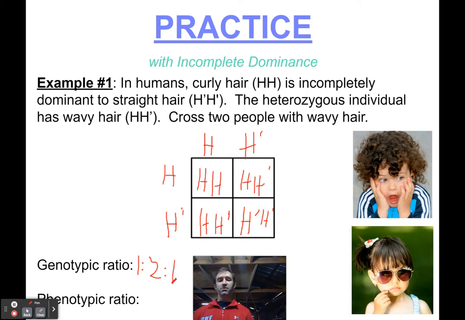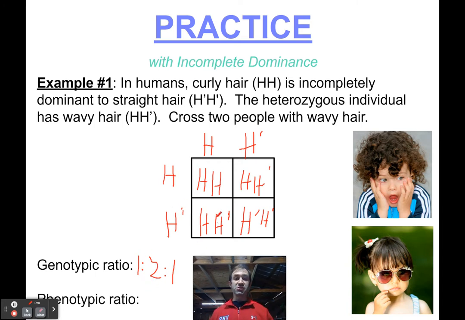So the genotypic ratio is 1 to 2 to 1. So you got basically a 50% chance that you will have a child with wavy hair, if these are the parents. And you have a 25% chance that they'll have curly hair and a 25% chance that they'll have straight hair. You got all the three possibilities of hair. Pretty cool if that was the parents.